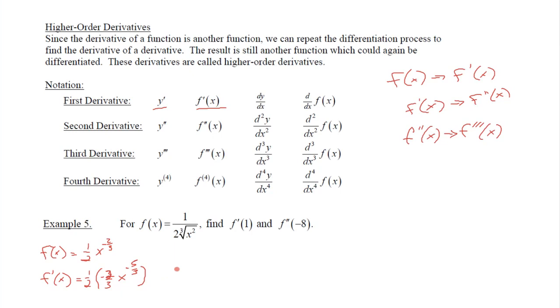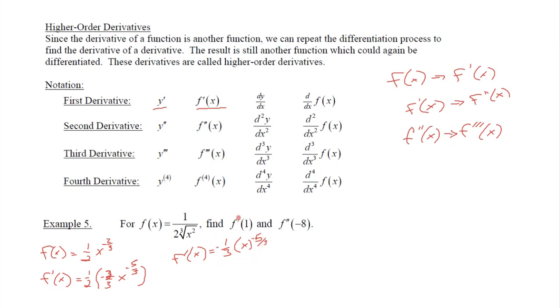And that simplifies out so that our first derivative of x is equal to 1/2 times 2/3, that would be 1/3, a negative 1/3. Sorry, multiplying the 2/3 and the 1/2 together, negative 1/3 times x to the negative 5 over 3.